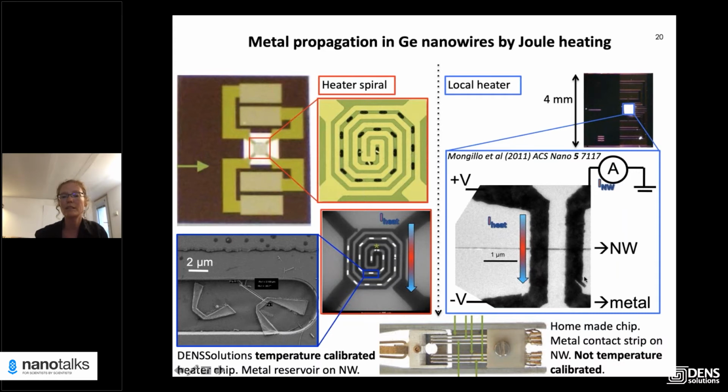The advantage of this approach is that it is easier to combine with electrical biasing, and it's easier to contact very many nanowires in parallel. The drawback is that these homemade nano heaters are not temperature calibrated. And I should add that this idea was published in this ACS Nano paper.